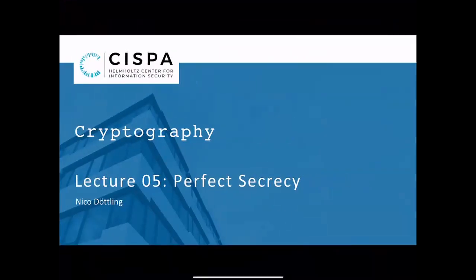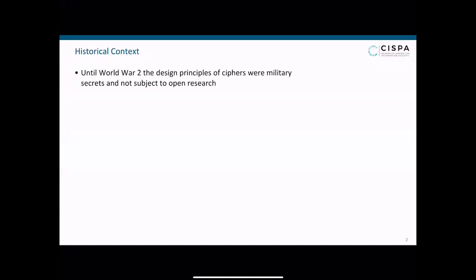Okay, so now that we're equipped with the tools of probability theory, we can start to do cryptography really scientifically, as it was initiated in the first half of the 20th century. So let's go back here. Essentially, until World War II, the design principles for ciphers were typically military secrets and not subject to open or public research.